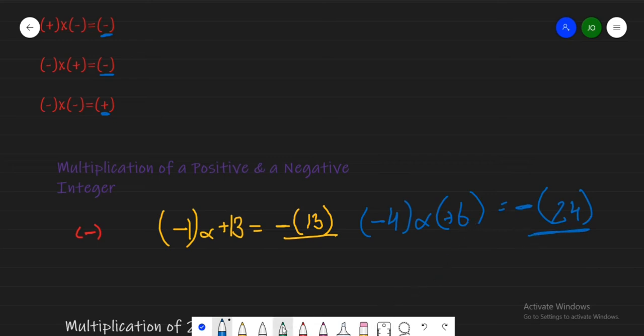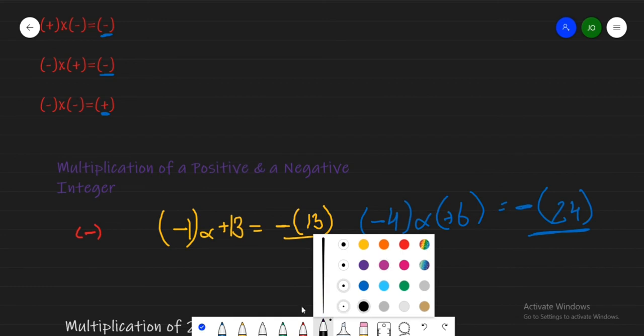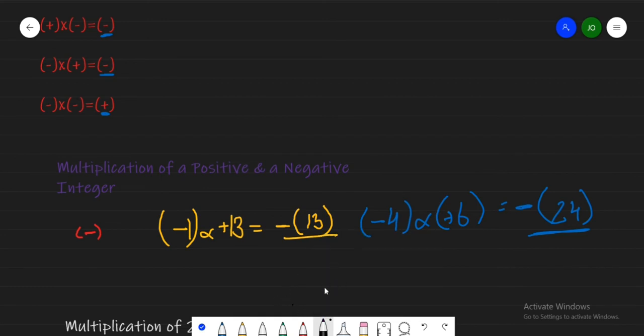So in simple words, we can say that if we multiply a to -b, it will be equal to -b into a, which will be equal to -(a into b), as discussed above.